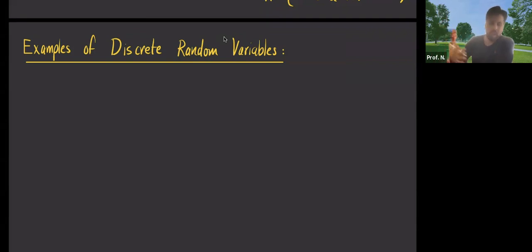So for those of you who have ever taken probability or statistics before, you probably have heard of the standard bell curve. Who has heard about the standard bell curve, right? That's considered a normal distribution. That's a normal random variable, but no one talks about it that way most of the time, right?